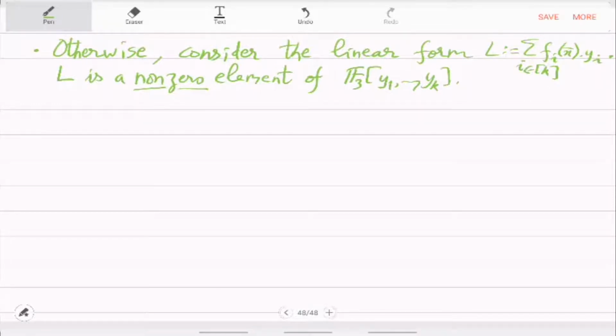Why? Because one of the fi is 1, right? So when you pick fi's randomly and take a sum, that is the same as setting yi's to 1 and the other yj's to 0, right? So yi's you can think of as being picked randomly 0 or 1.